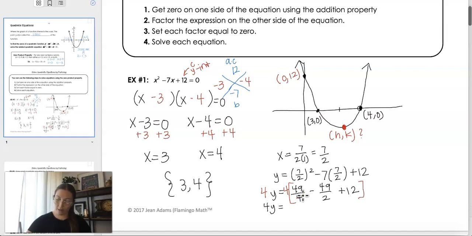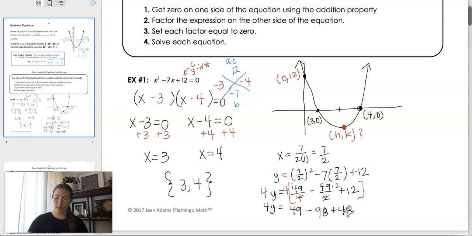And then 4 and 2 here, the 2 will cancel, but we'll still have to multiply this by a 2. And then the 12 will be multiplied by that 4. So then we're going to get 49 minus 49 times 2, which would be 98, and then 12 times 4 would give me 48.